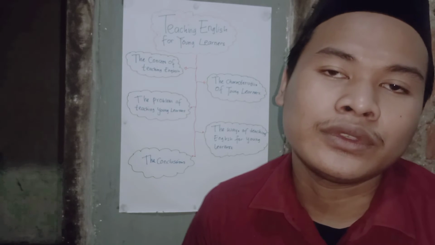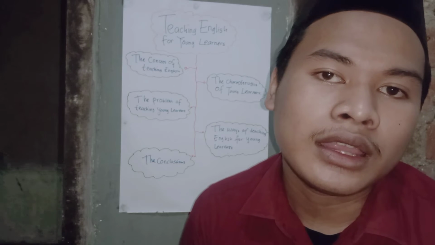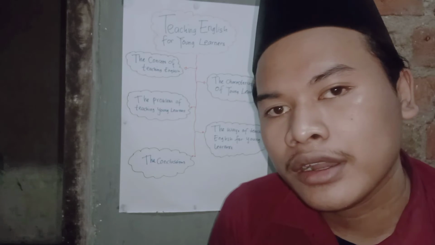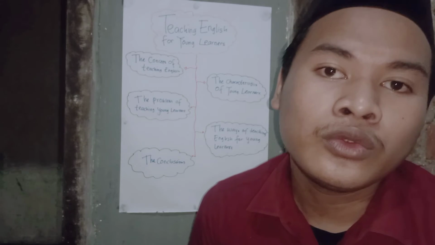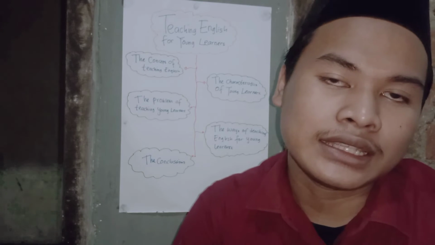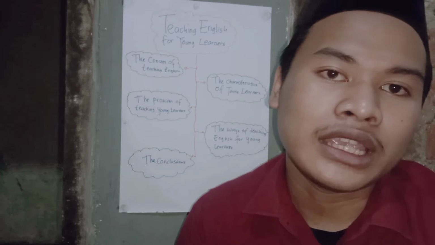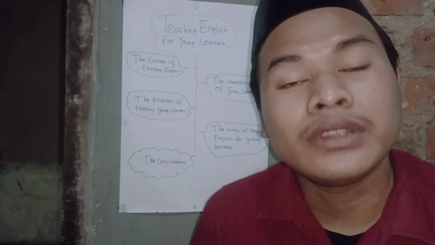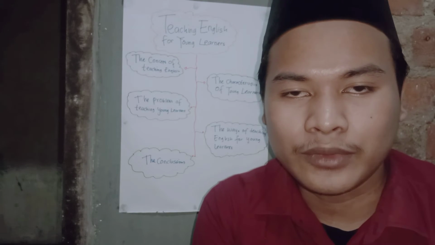So we have to teach them to memorize words like table, chair, maybe window, wall, floor, the easiest things first, so they will have an interest to learn English. So that's the most important.